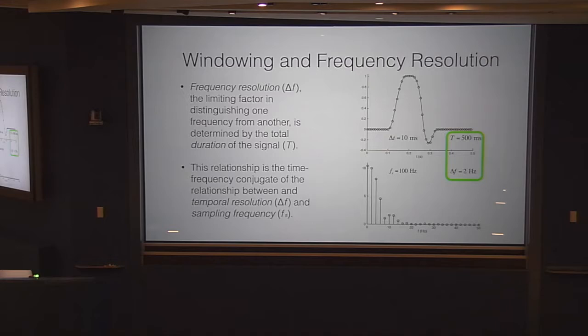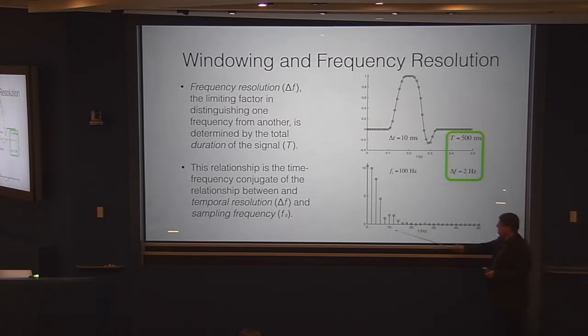OK, so one of the other topics that I want to talk about was frequency resolution, which is related to windowing. So just going back to the very beginning, the amount of control you have over your spectral analysis. For instance, in this case, you might be looking at the alpha band, which would be just a few of these, the theta band, which would be just a couple of these. You might want to have much more diversity, more examples of frequencies in those bands.